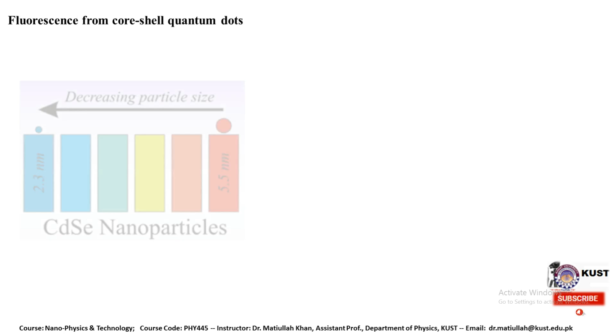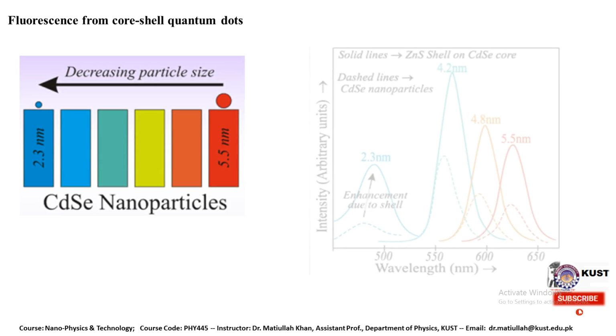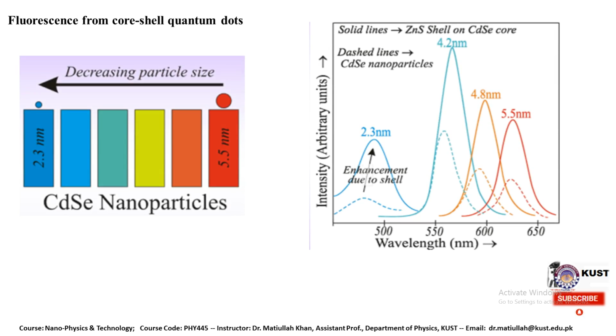So we have fluorescent material from core shell quantum dots, and it has a very interesting property, because when we reduce the particle size, the light that is emitted has a different wavelength, and we can enjoy different colors. Here we have an example of CdSe nanoparticles, and decreasing the particle size allows it to emit different interesting colors.